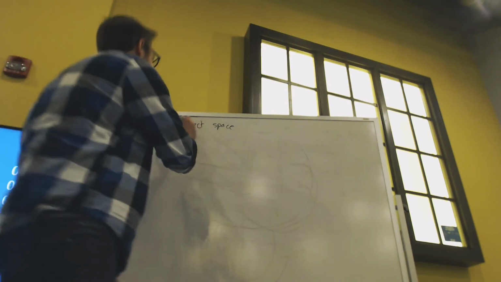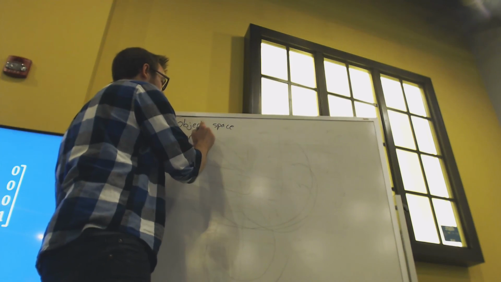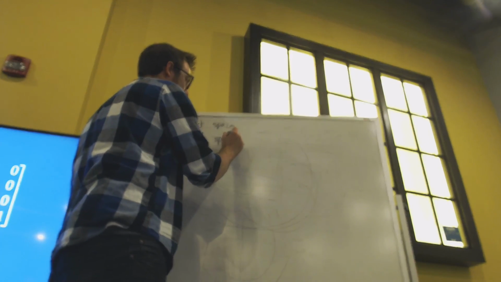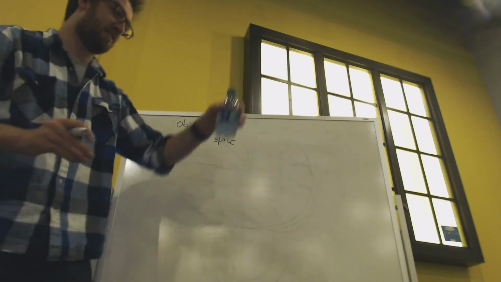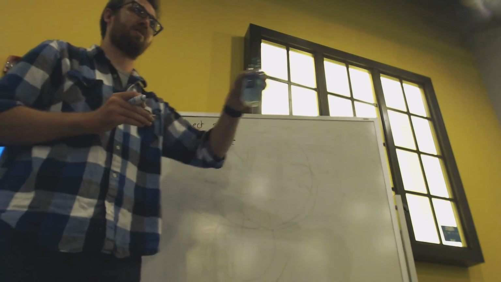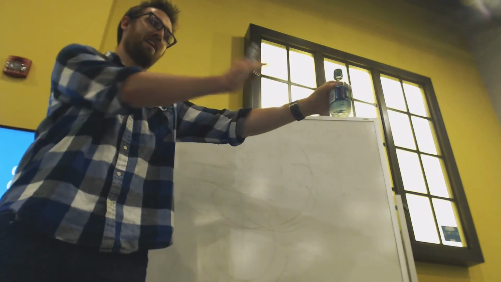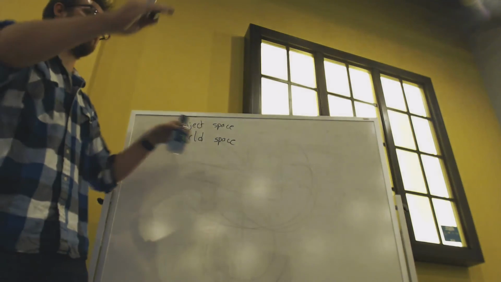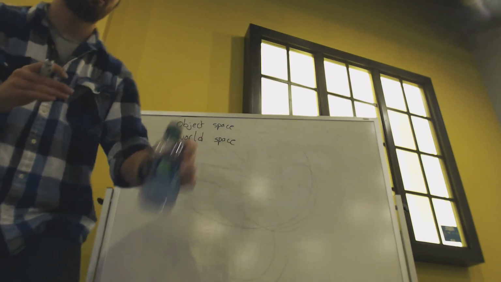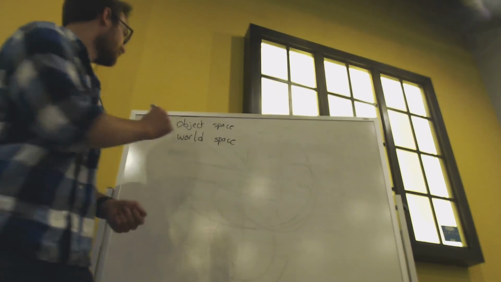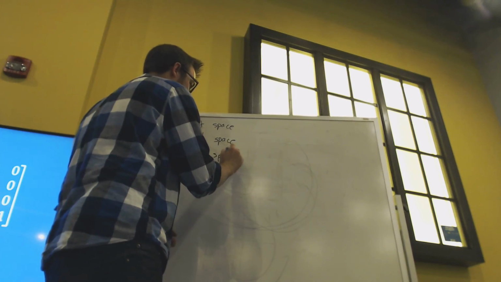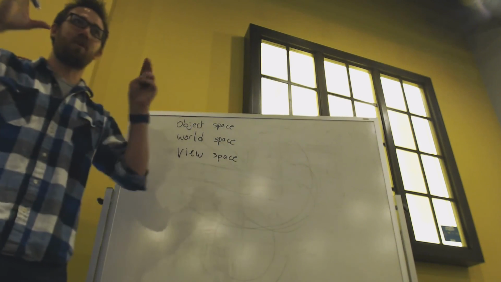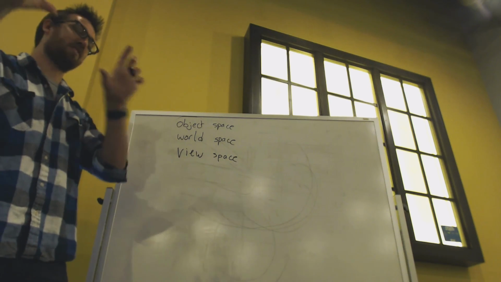After that, you get to world space. World space is the position of, if I've got a game and this is my center point, I want to move it 2 units to the side. That's world space, moving the whole object itself around in the world. We go from there to view space, which is what your camera is and where that's looking.